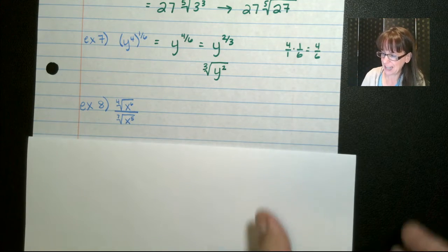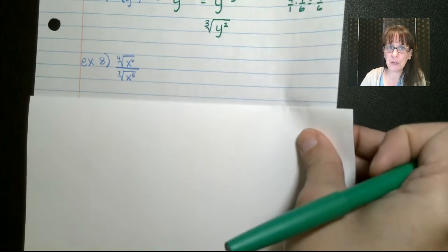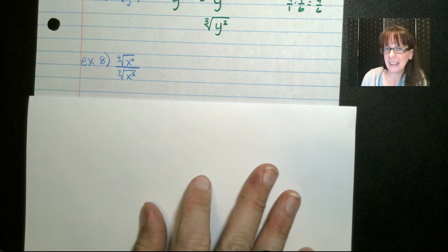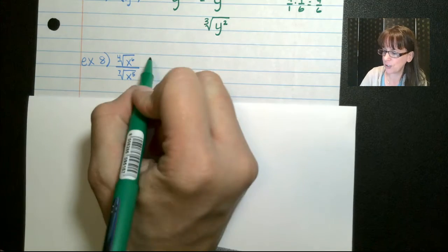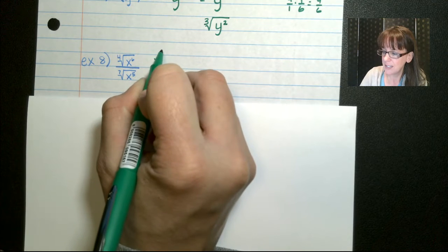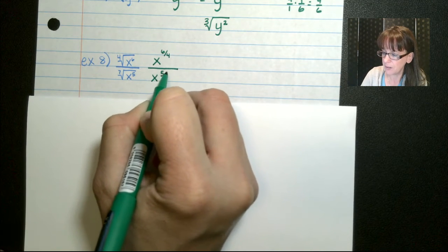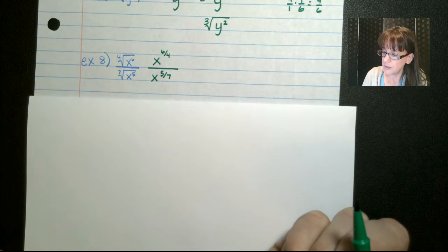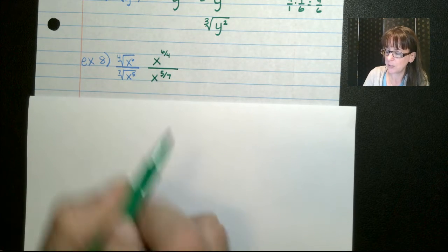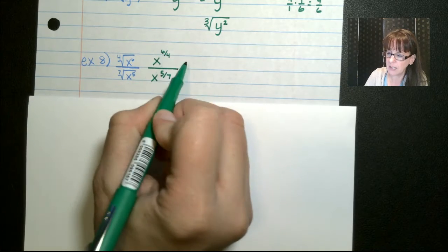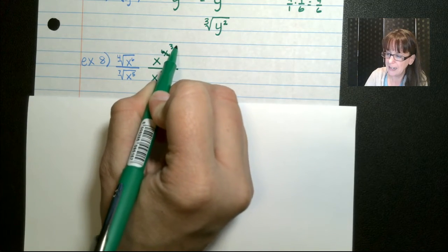All right, let's look at this one. Now this one's tricky because we have a 4th root and a 7th root. I think the easiest thing is going to be to turn these into x to the 6 over 4 over x to the 5 over 7. So up here, we can cut those in half, and we make that 3 halves.